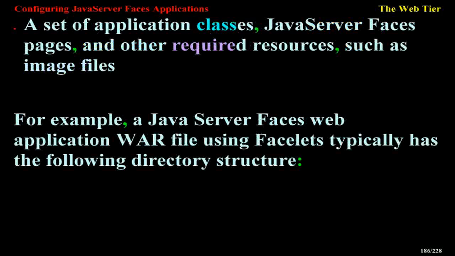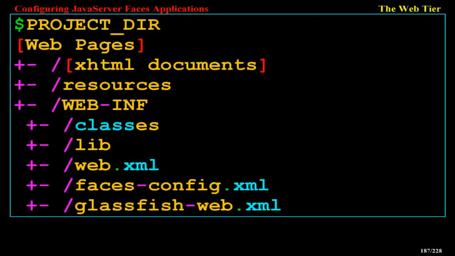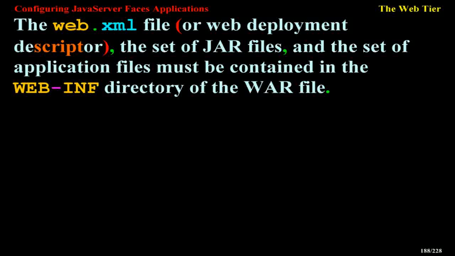For example, a JavaServer Faces web application WAR file using Facelets typically has the following directory structure: $project_dir, web pages, XHTML documents, resources, WEB-INF, classes, lib, web.xml, faces-config.xml, glassfish-web.xml. The web.xml file, or web deployment descriptor.